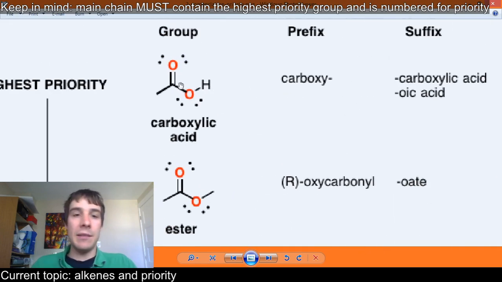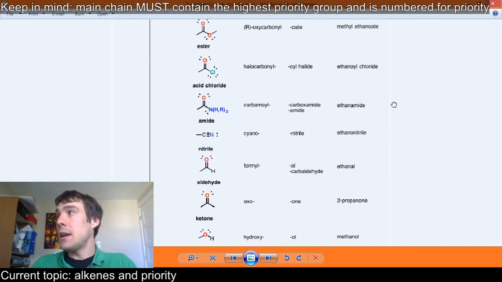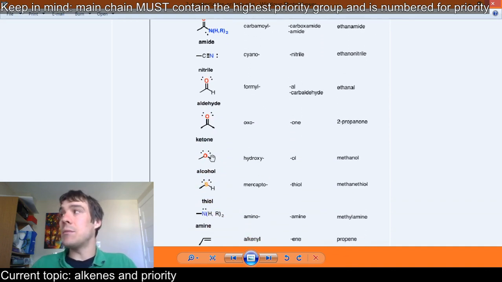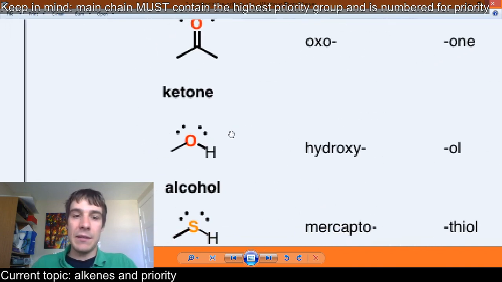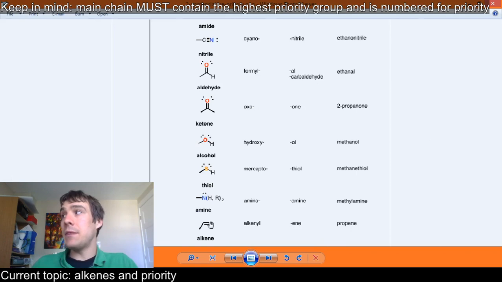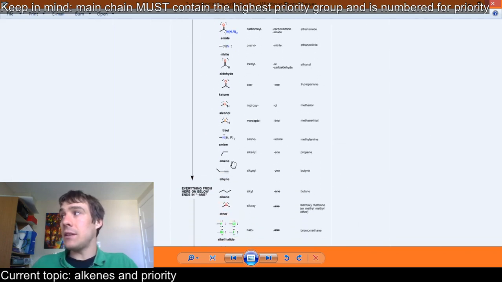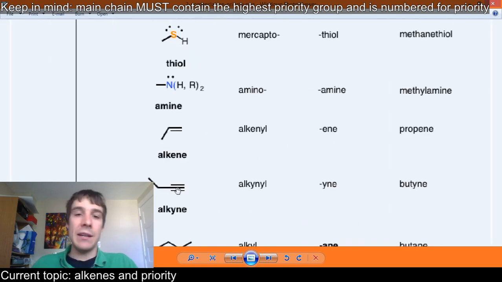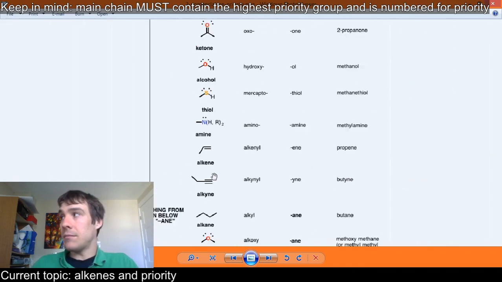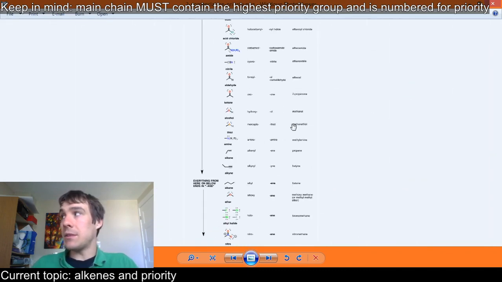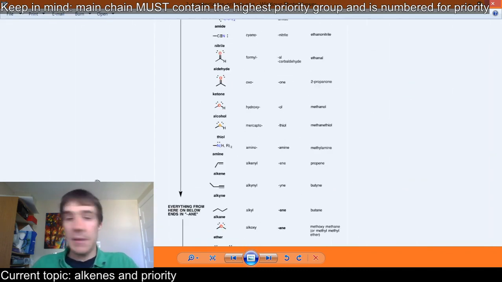We really like carboxylic acids in organic chemistry. It goes on down with different groups. Alcohols are here. We're going to talk about alcohols today. They're actually a fairly high priority group above alkenes. And interestingly, this is kind of odd, alkenes are above alkynes in priority. So, kind of neat. I do love this picture. It's a great picture. You can find it on Edsby.